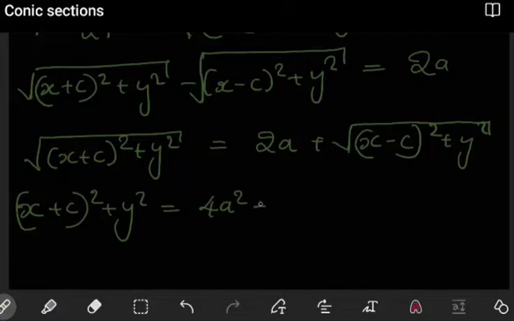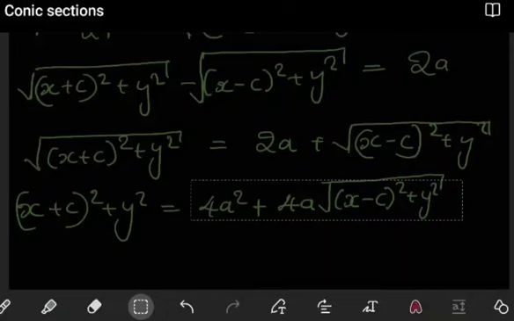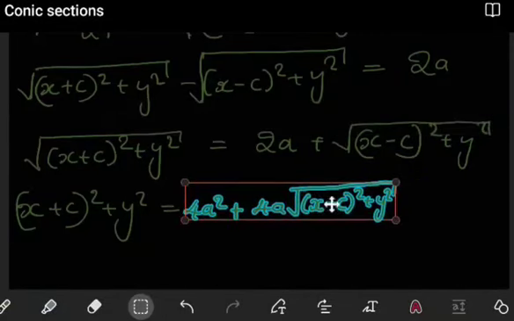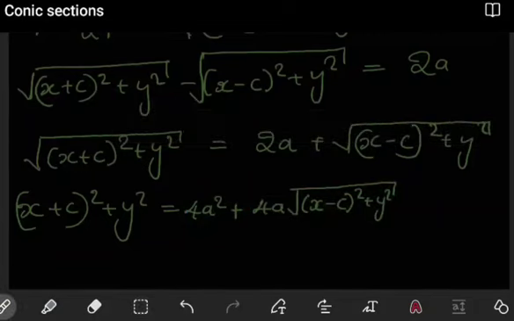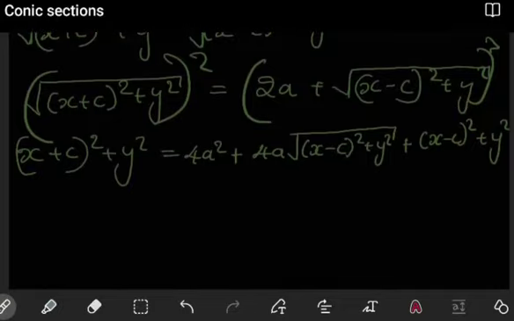The next part will be plus, and then this will be 4a, then there's the radical. And of course, for the last term there, the square root will just disappear, and this will be plus x minus c squared plus y squared. So here I was just expanding this squared and this square. So this is what reduces to this term that we have there.